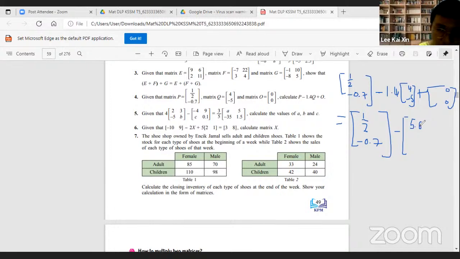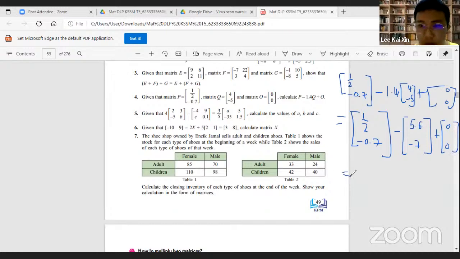Sorry, not negative 1.4, the negative is at the front part. 1.4 times negative 5, we will get negative 7. And then plus 0, 0. Actually, you can just ignore the back part, plus 0, 0.